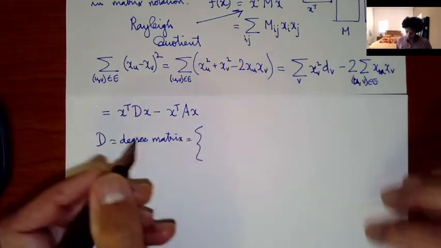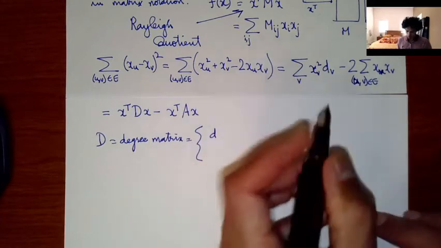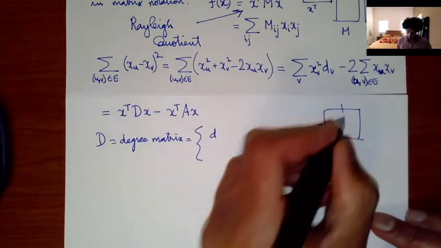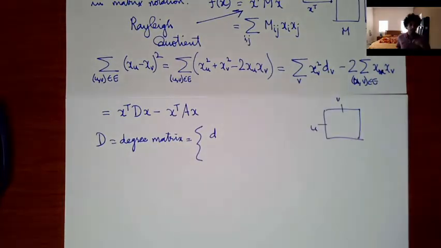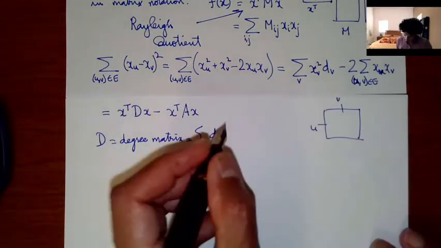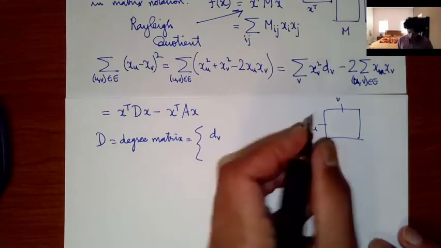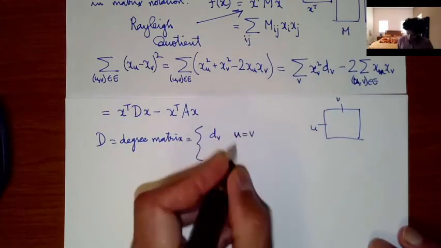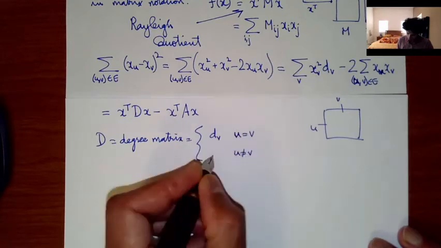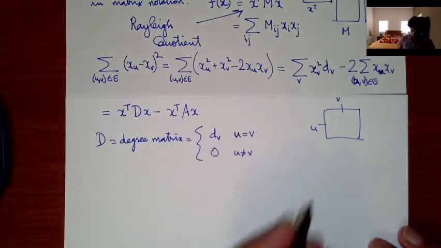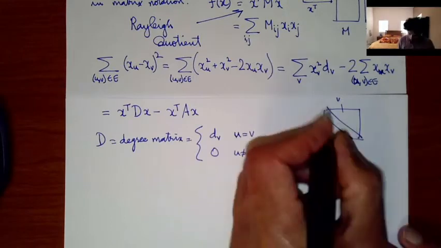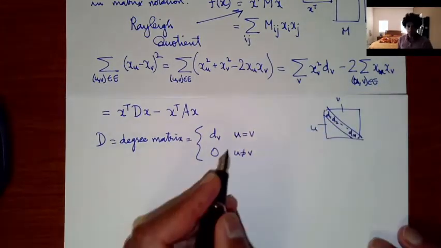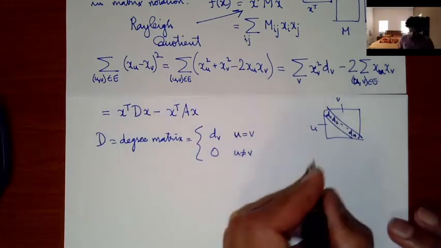We will think of the rows and columns as indexed by vertices. So this is just going to be the degree of u if u is equal to v, and if u is not equal to v, this is 0. So this is a diagonal matrix where what you have here is simply the degrees: degree 1, degree 2, up to degree n. That's D.